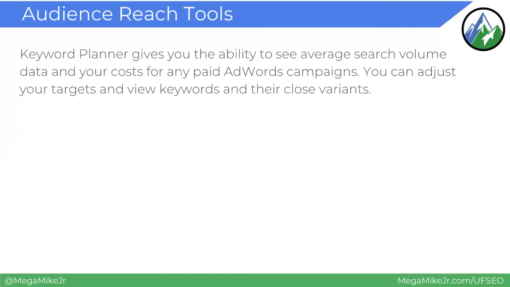This is where I suggest, rather than investing your money, time, and energy into paid search tools, why don't you invest time and energy into actually setting up an AdWords campaign for your product or service and seeing what people are searching for? Because when you do that, Google actually gives you the search terms that people are using to find your keyword. Any other tool that you use, they're not going to be able to do that because they don't know, only Google knows. In fact, the closest that you can probably get to that is using Google Search Console, which is another tool that helps you identify organic volume.